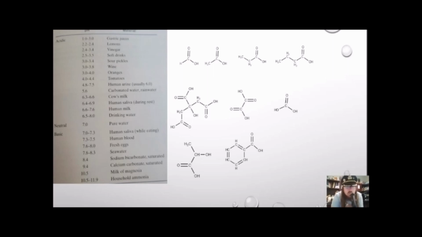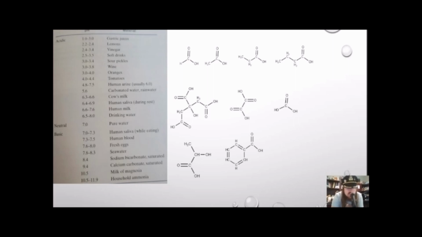Carbonated water or even rainwater will be 5.6. Cow's milk, 6.3. Human saliva, 6.4 to 6.9. Drinking water can be anywhere from slightly acidic to slightly basic. When eating, I guess our saliva goes up in pH.